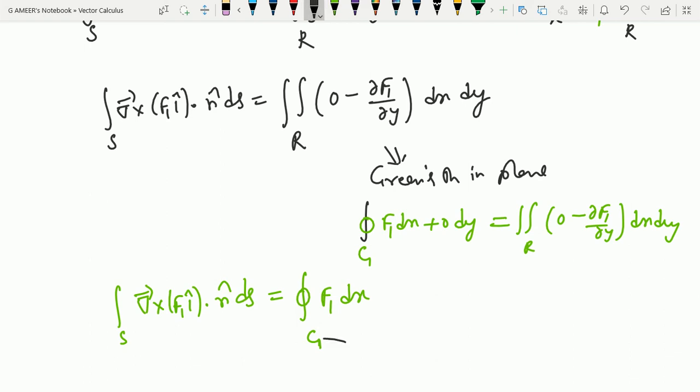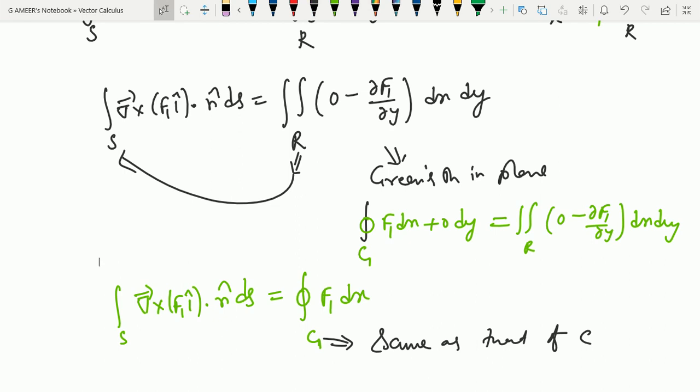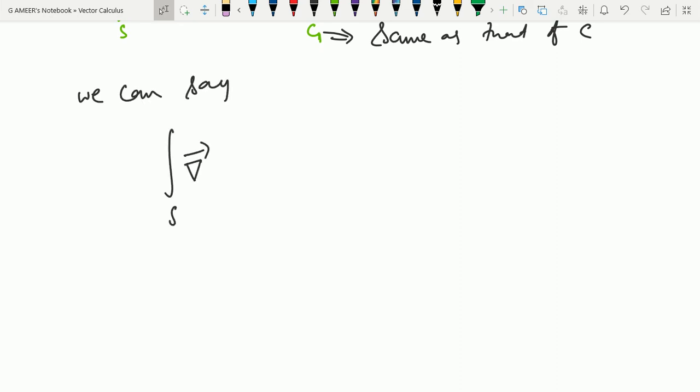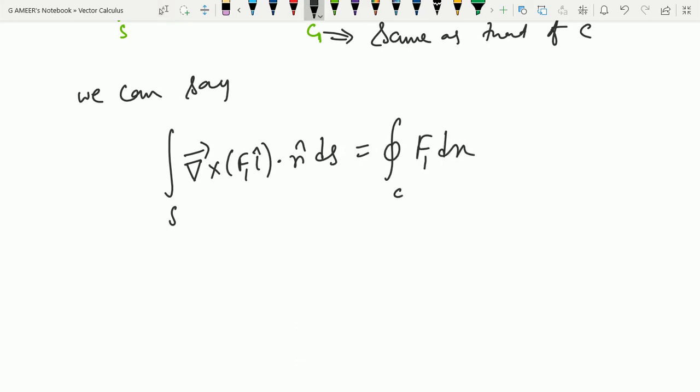This C is the same as the capital C, just like R is the same as S. Based on this, we can say the surface integration of del cross F1 i cap dot n cap dS is equal to the integral over the curve of F1 dx. Hence proved.